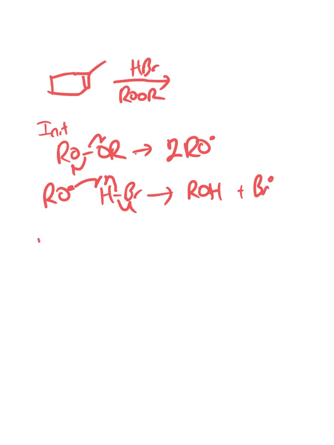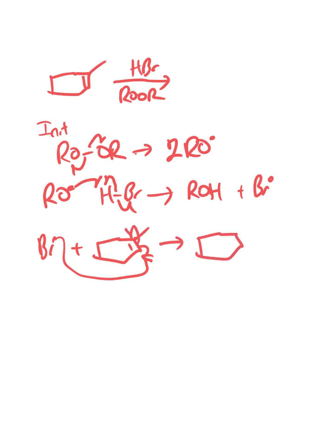That bromine radical then can add into the alkene to form this tertiary radical. It's going to add to that carbon because the radical is electron poor, so it wants to form the most stable one.